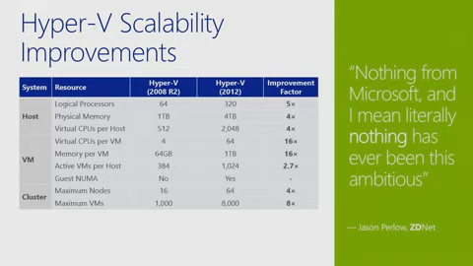But let's focus on some of the VM-specific bits. So memory per virtual machine, 1 terabyte in all editions. So Hyper-V Server, Windows Server 2012 Standard with Hyper-V, Windows Server 2012 Data Center with Hyper-V. In terms of virtual processors per VM, we've gone from supporting 4 to 64 virtual procs per VM. Again, big increase.